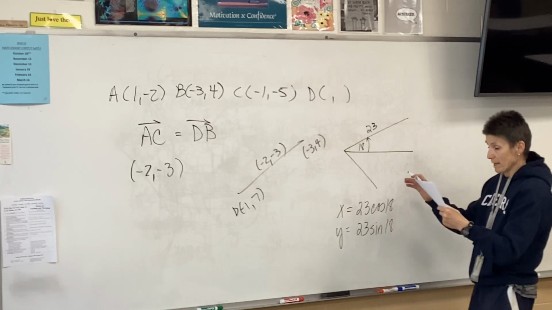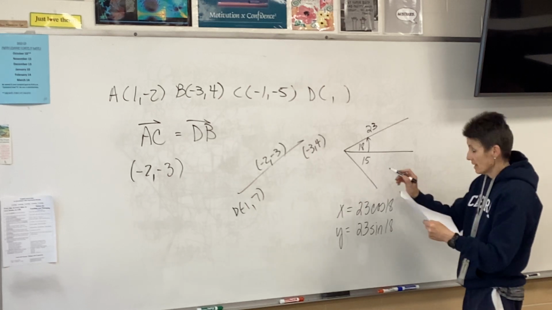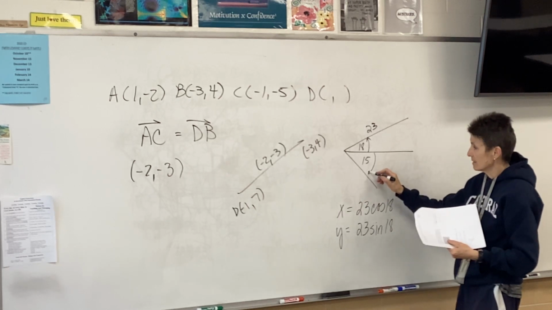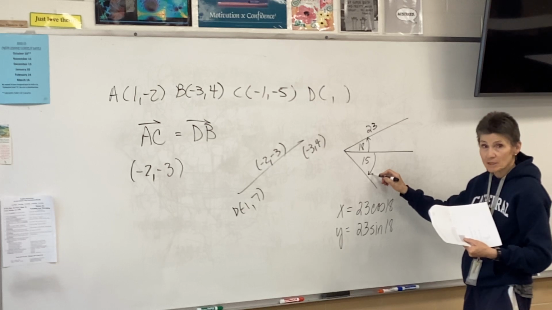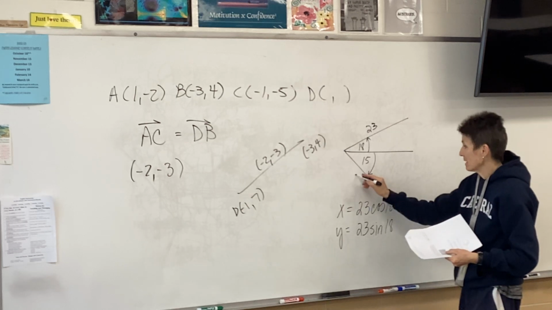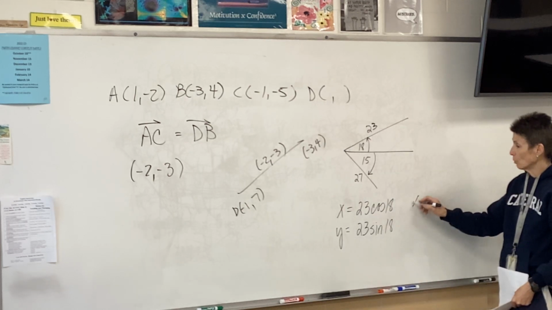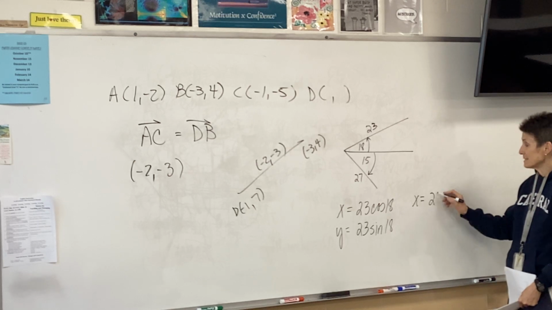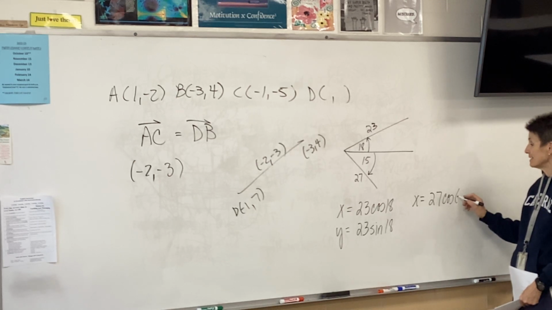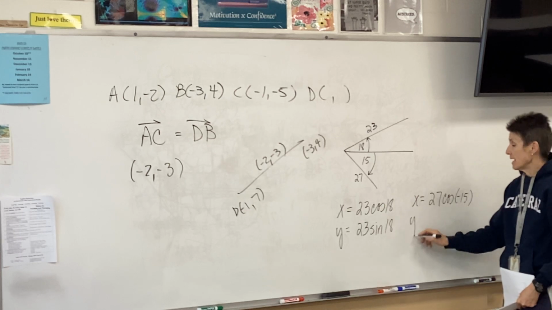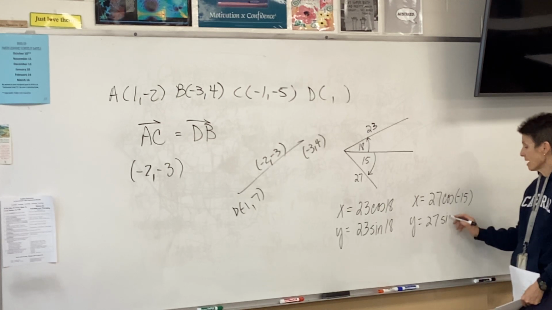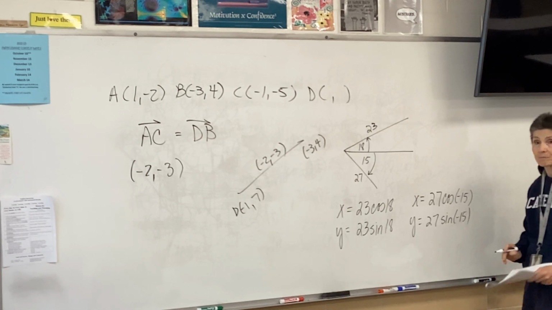Now what about the boy? Well, his angle is -15, but notice standard position, and his magnitude is 27. So his coordinates are 27 cosine -15 and 27 sine -15.